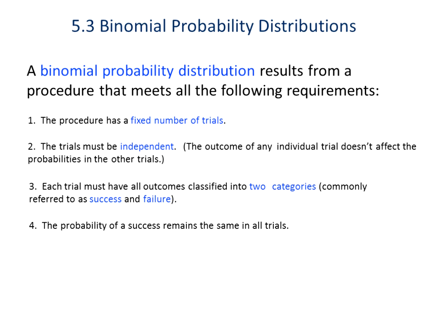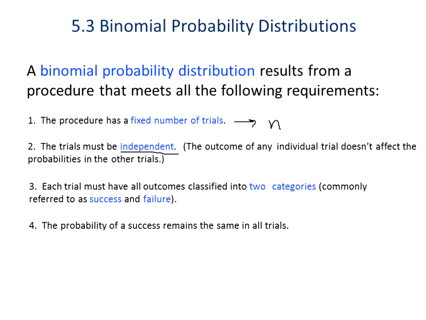So you have to have a fixed number of trials. That's your N. The trials must be independent. So the outcome of any individual trial does not affect the probabilities in the other trials. Now, each trial must have all outcomes classified into 2 categories.